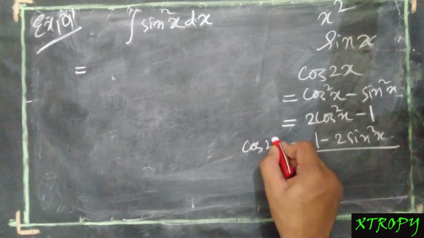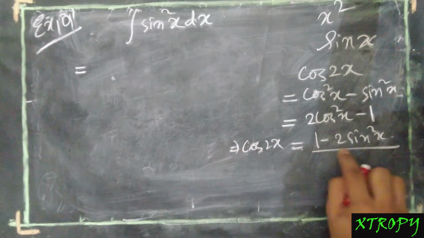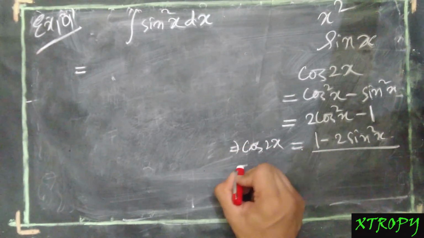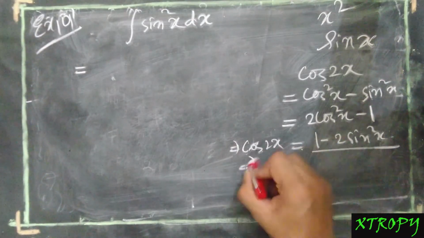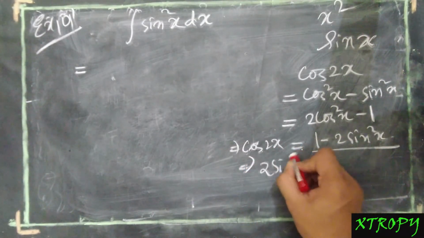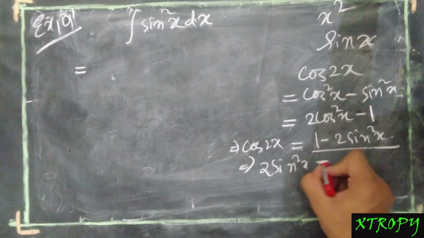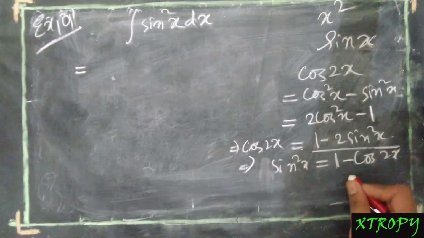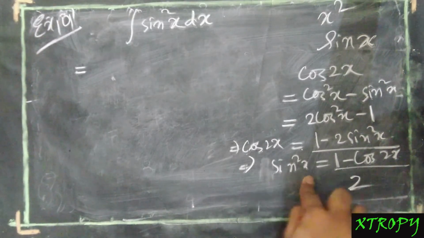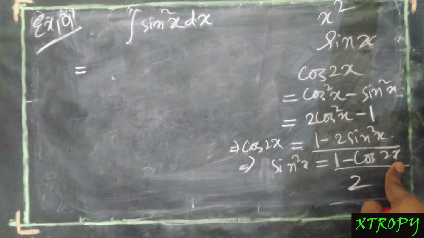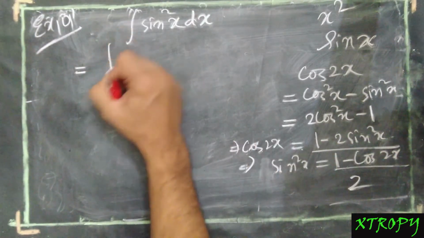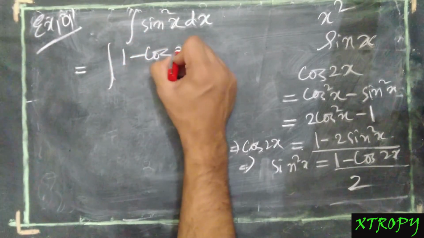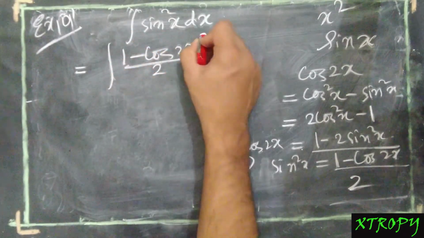You can write cos 2x as 1 minus 2 sine square x. Therefore, if you bring this 2 sine square x over this side, this becomes 2 sine square x equals 1 minus cos 2x. Now you divide this by a 2. So sine square x is actually (1 minus cos 2x) by 2. So you rewrite this as (1 minus cos 2x) by 2.